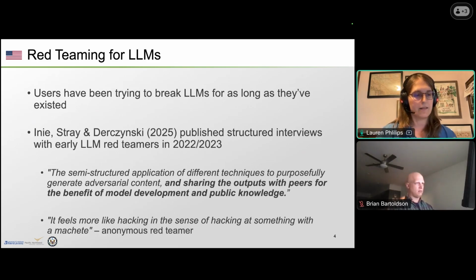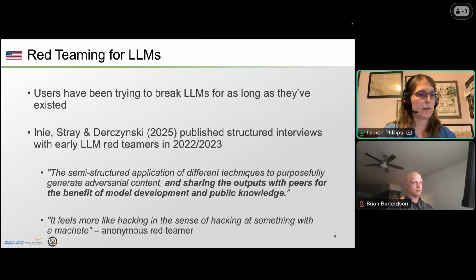And again, the reason why people were doing this at that time was because they wanted to share the results of their attacks with model developers and with the public so that they could improve the defense of those systems.